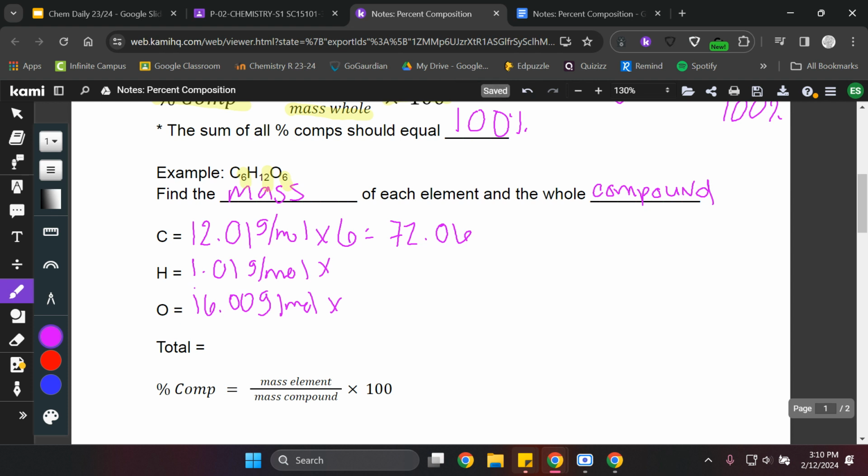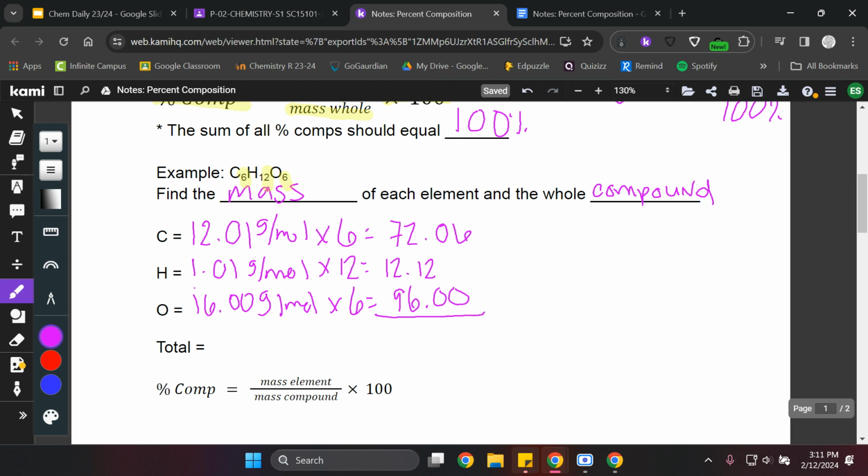For hydrogen, there are 12 hydrogens in the compound. So we're going to multiply by 12, and that gets us 12.12. Oxygen, there are 6 oxygens in the compound. So we're going to multiply that by 6, and we get 96.00.